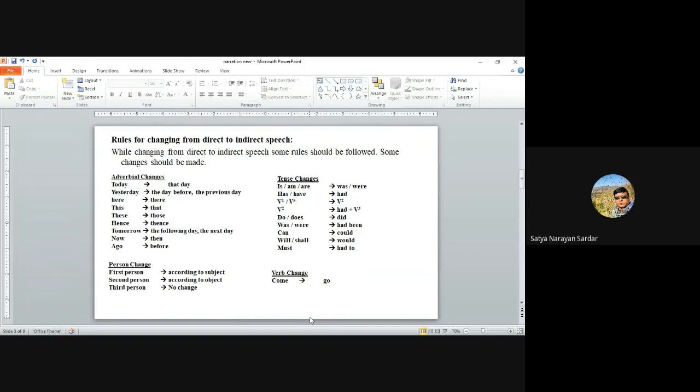But if there is third person inside the inverted commas, it remains constant. It is not changed. Similarly, if you talk about verbs, there is one verb, come, which can be changed into go. So this slide can give you some ideas regarding changing from direct to indirect speech.